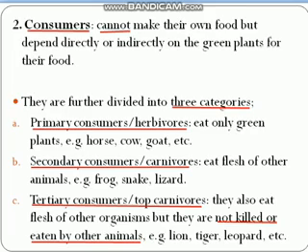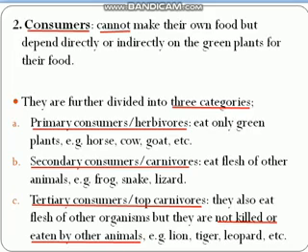That's why they are called top carnivores. For example, we have lion, we have tiger, we have leopard. These top carnivores are not killed or eaten by other animals.